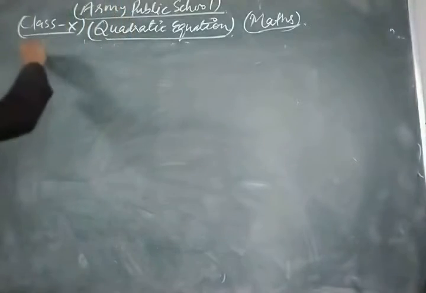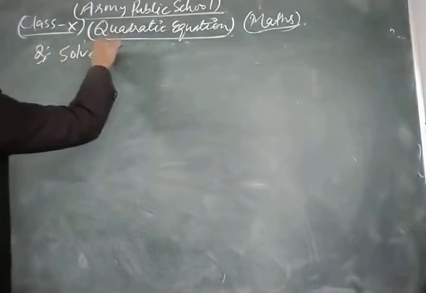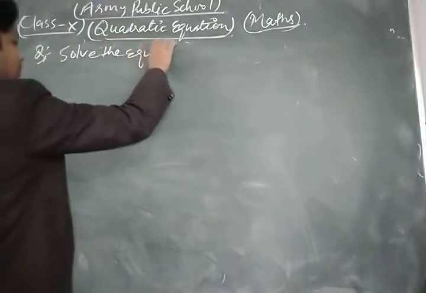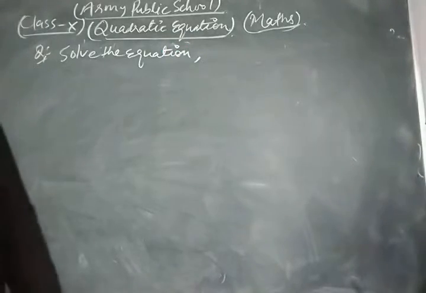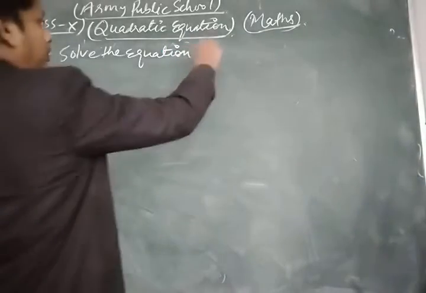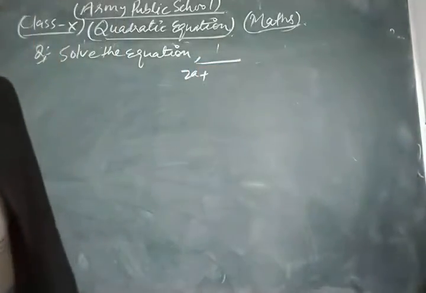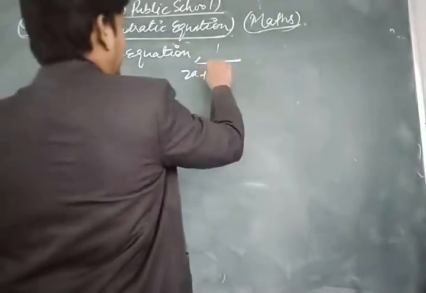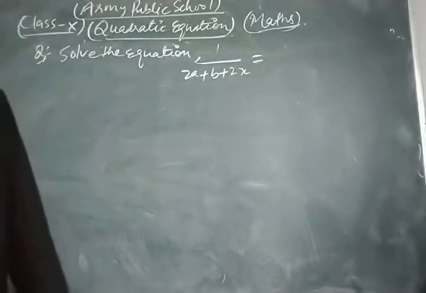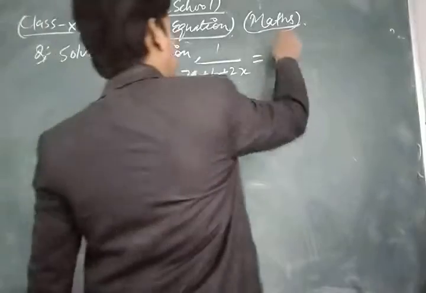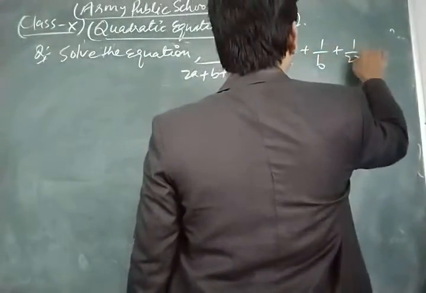This is a very important question. Solve the equation 1 upon 2a plus b plus 2x is equal to 1 upon 2a plus 1 upon b plus 1 upon 2x.